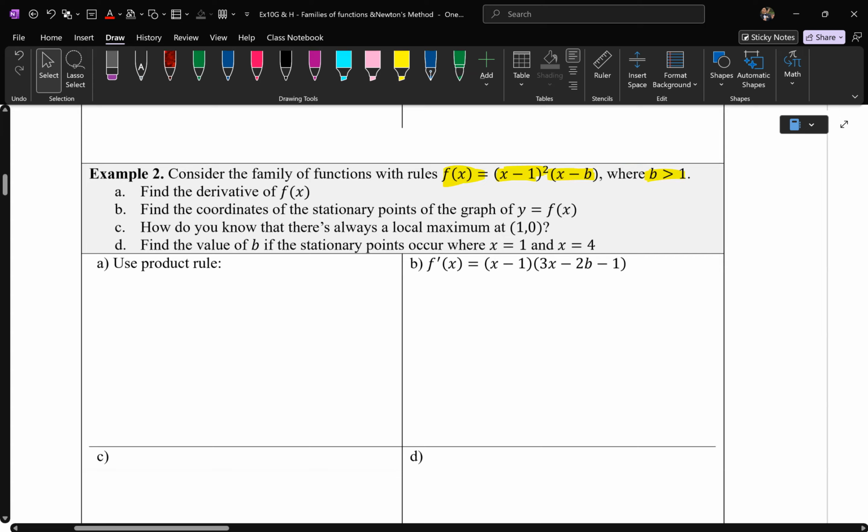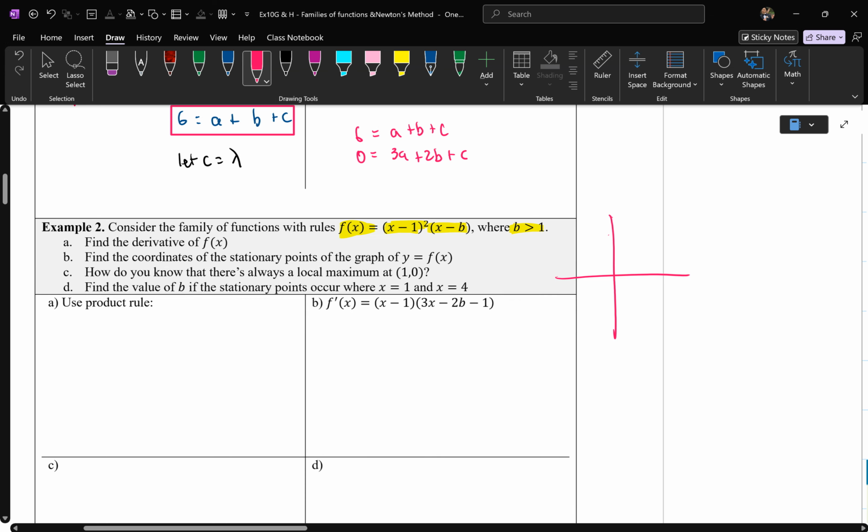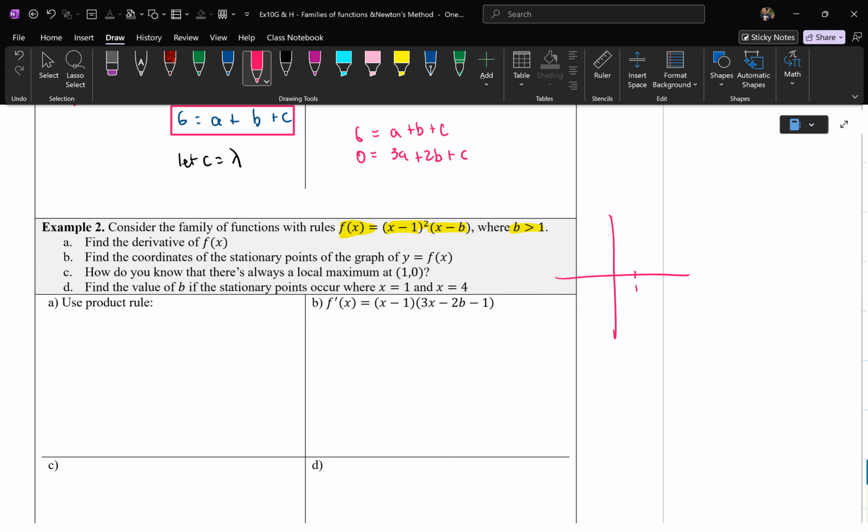I guess on a visual aspect, that means you've got a positive cubic where it touches at 1, and b has to be greater than 1, so it's probably something like that. So it has a turning point at x equals 1, and since b is greater than 1 and it's minus b, it must be somewhere further than 1.